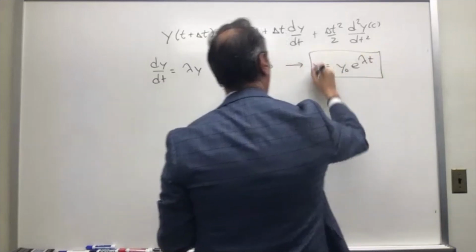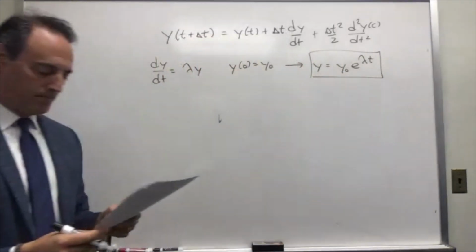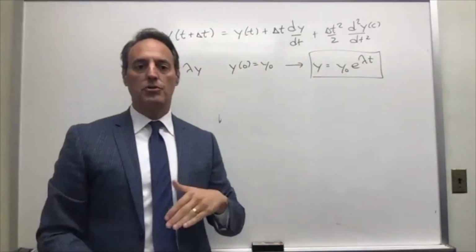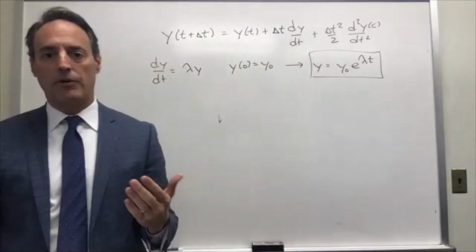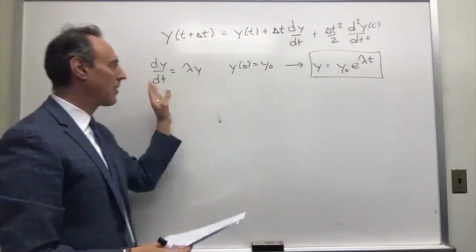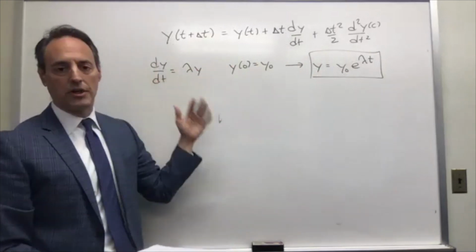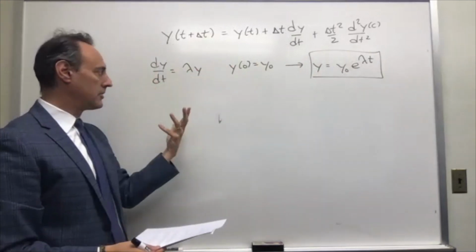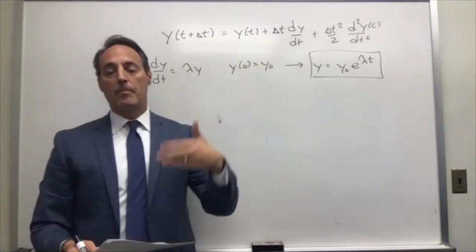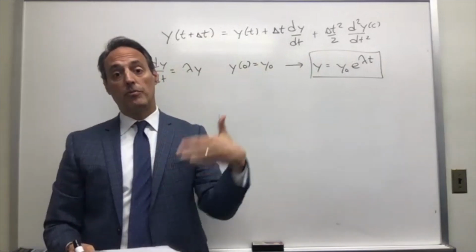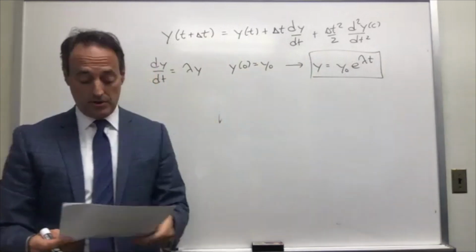Okay, so I can solve it explicitly. But now let's approach this from a numerical point of view. If I have a harder problem and I can't write down the solution, but I still want to approximate this on the computer, how would I come up with a scheme to produce some approximation to this differential equation?